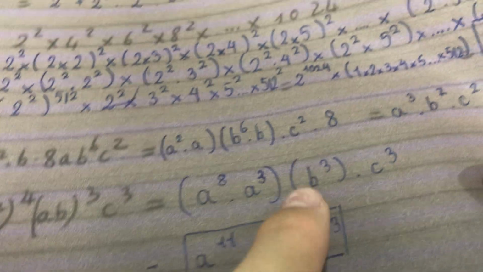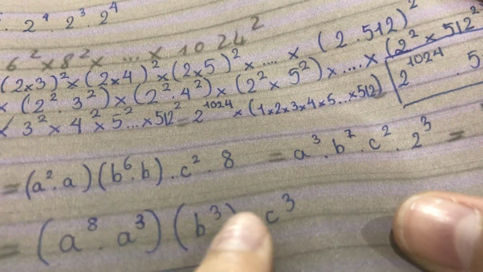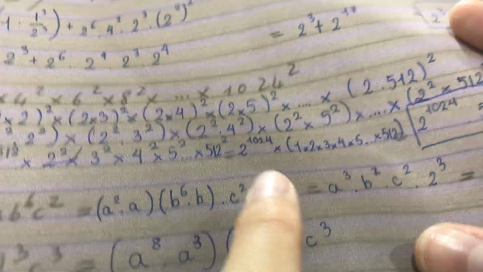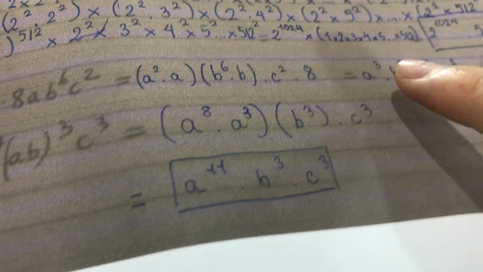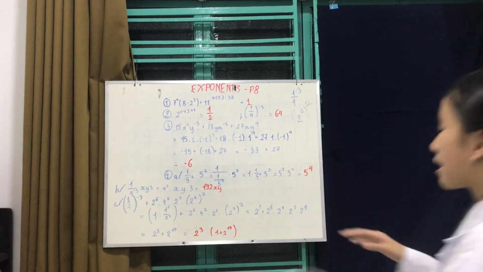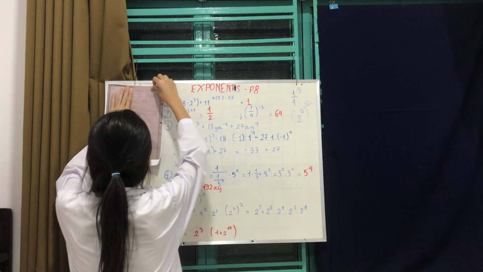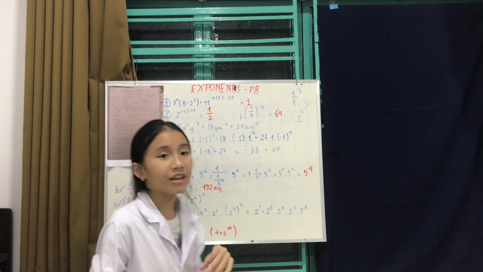Then we have times b to the power of 3. This is also another way to calculate, to use for multiplying, times c to the power of 3. This will equal a to the power of 11 times b to the power of 3 times c to the power of 3. And that is all my answers that I have solved for the D3 this week.